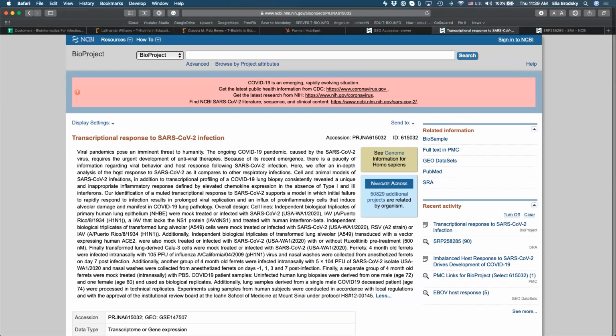Here we offer an in-depth analysis of the host response to SARS-CoV-2 as it compares to other respiratory infections, right? So we saw SARS-1 and the host response. Then we saw some risk factors maybe associated with other viruses infecting specific types of patients. But what if we start comparing different viruses and see how they cause different types of immune responses? For example, what they did here is treat different types of lung cells. So you can see lung epithelium.